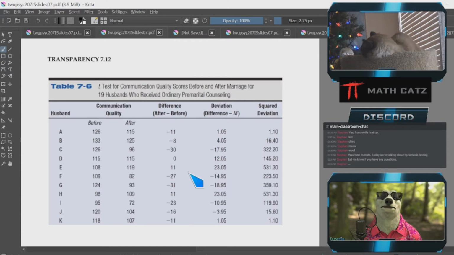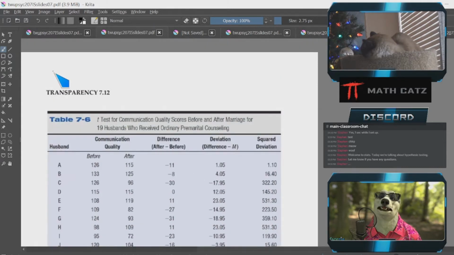Because essentially, if I have two distributions, the before and the after, they're the same people, so they have the same variance. If each one has a normal distribution or a t-distribution or whatever, the difference has the same distribution.